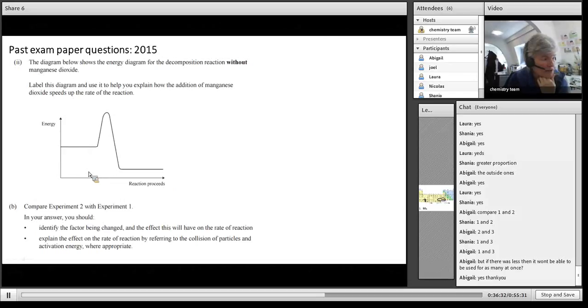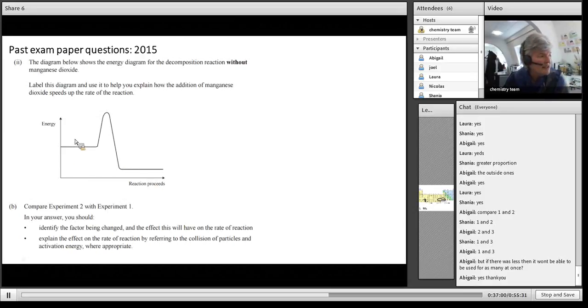A lot of people put time on this one, but it's actually not time because you're not measuring it in seconds. What we're just doing is showing the progress of reaction. So you could say reaction proceeds, progress of reaction, reaction coordinates, anything like that. It's basically what we're showing is reactants going through to an intermediate to products. We're just showing those three stages. So there's no time involved, no measurement involved.